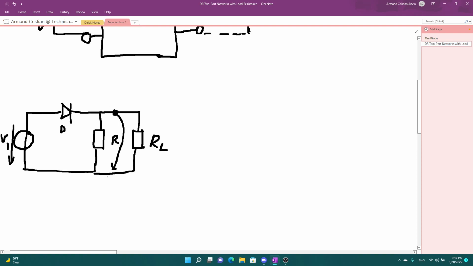From this point to this point, we're basically measuring the output voltage across the R resistor. This means that RL has no influence on the circuit whatsoever, as this output resistance on which we measure the output voltage, the R resistor, basically only changes its value to the equivalent resistance of R and RL.